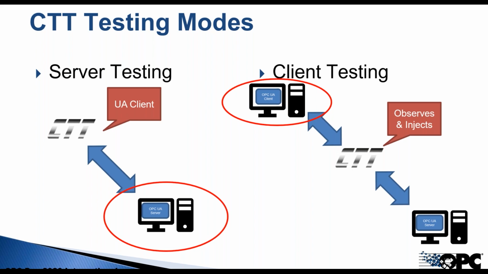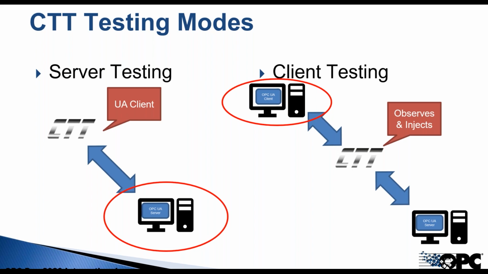It allows you to observe the communication flow between a client and a server, and it also allows to inject certain error codes or scenarios. So for example, removing all the results of a read request. And then somebody needs to check on the client side whether the client crashed or if the client correctly discards the message and if there's a trace entry and so on. So that is unfortunately a manual check here.